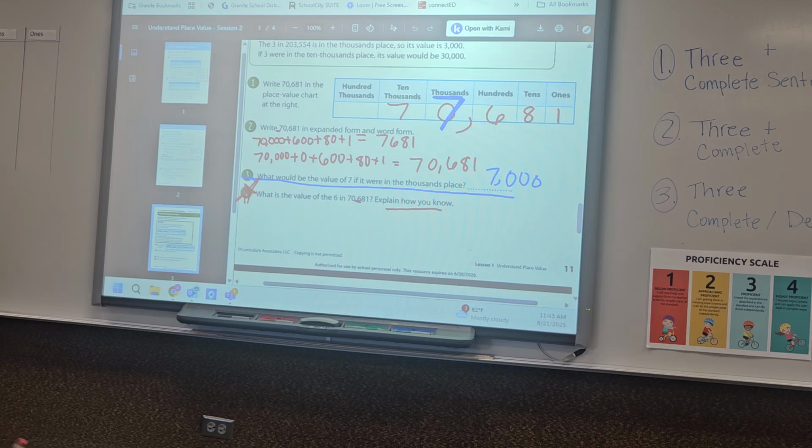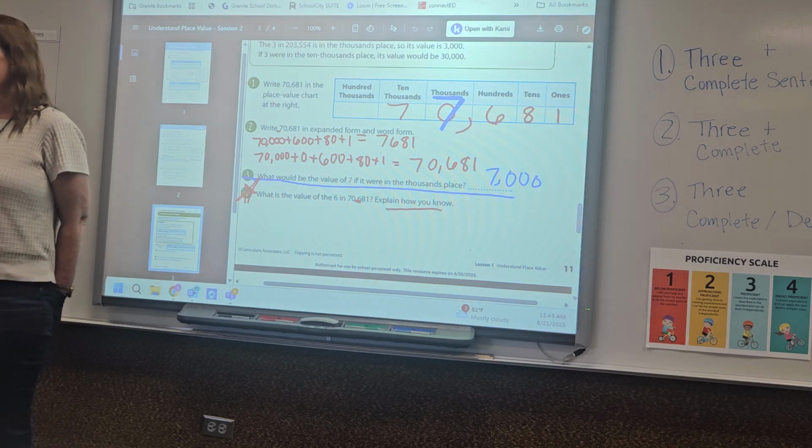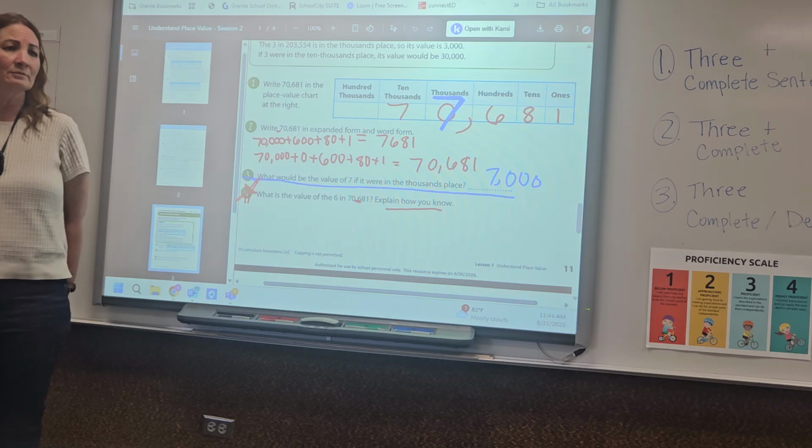But 4th graders, when you're writing sentences in math, it's not time to be sloppy. Writing is writing. So I might look at your math book sometime when I'm doing grades, and if I see there's no sentences, no capitals, no periods, do you think I'm going to give you a good 4th grade grade if you can't even write sentences in your math book when you're supposed to?